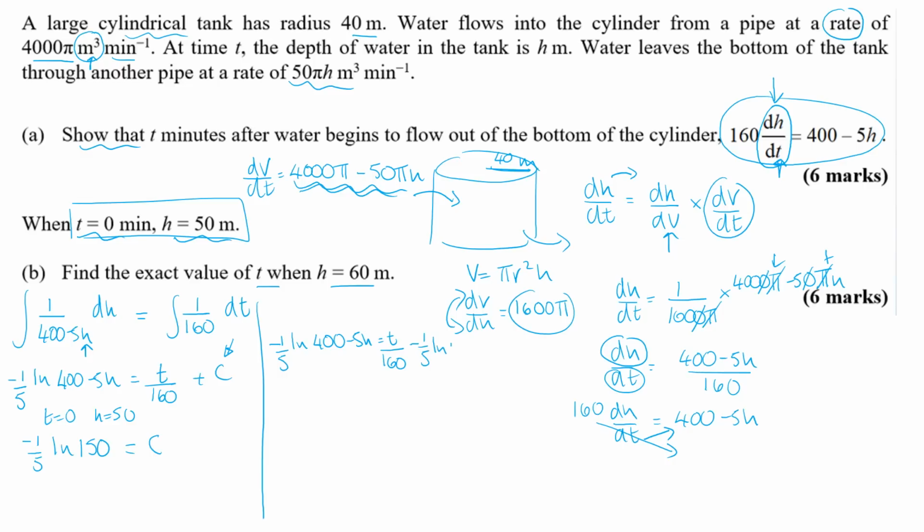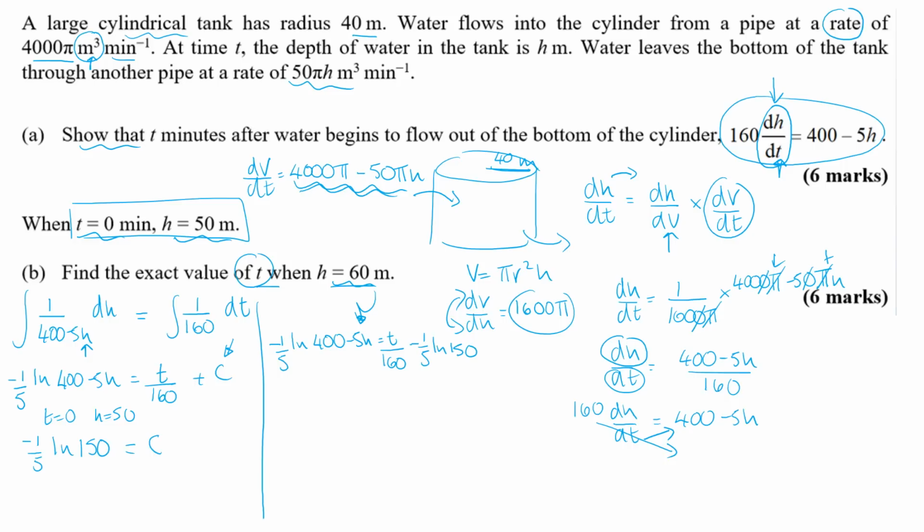the ln of 150. Now sometimes you have to get h the subject, but here we're just after the exact value of t when h is 60, so we don't need to get h as the subject. We can just now put h is equal to 60 in and try and make t the subject, solve for t.